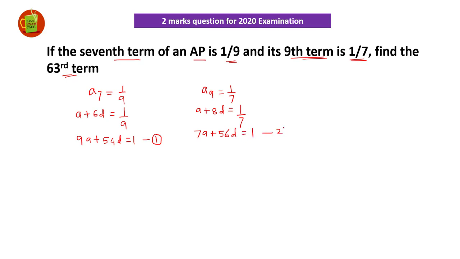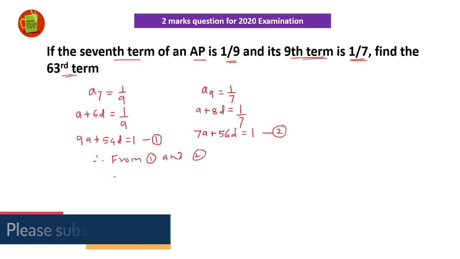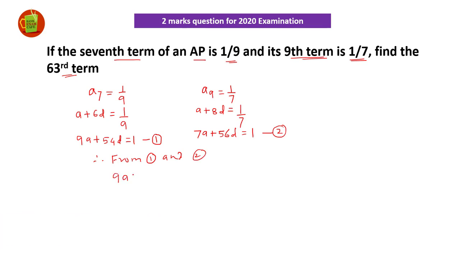Let this be equation 2. Now if you see equation 1 and 2, this is equal to 1 and this is also equal to 1. So these two should be equal, and therefore from 1 and 2 we can say that 9A plus 54D is equal to 7A plus 56D.